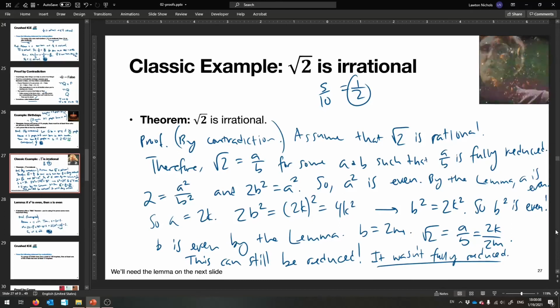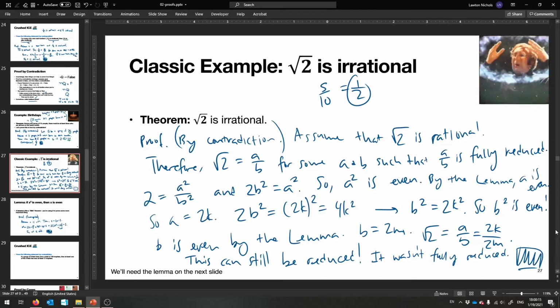So we have it wasn't fully reduced, and it was fully reduced. False, contradiction, QED.